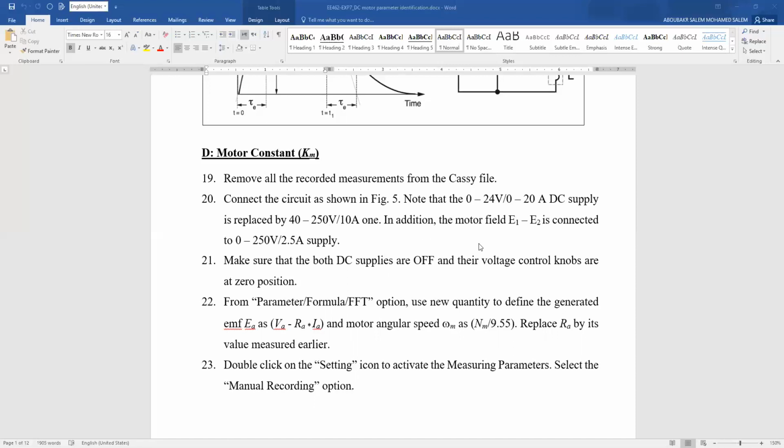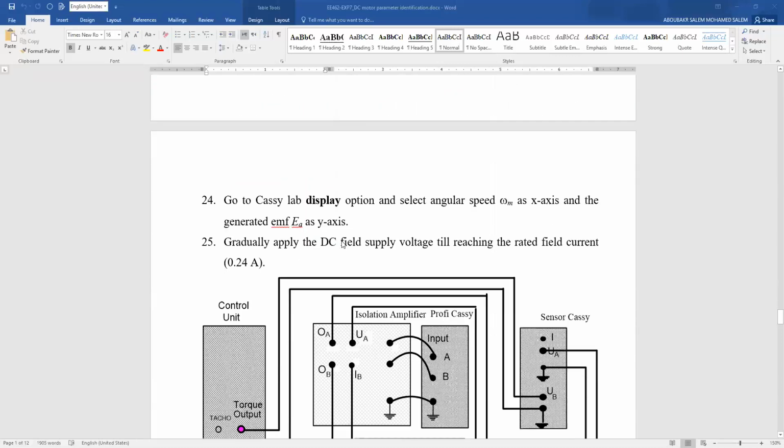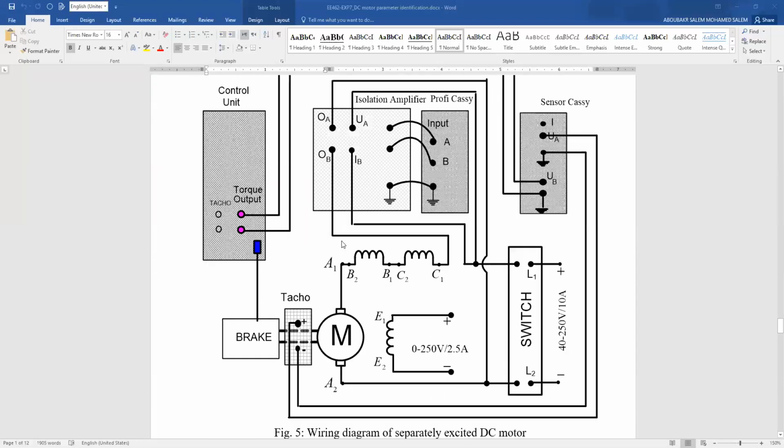In addition, we have to connect the motor field circuit E1 to E2 to the variable DC supply 0 to 250 volt, 0.5 amps. So this is our connection here.